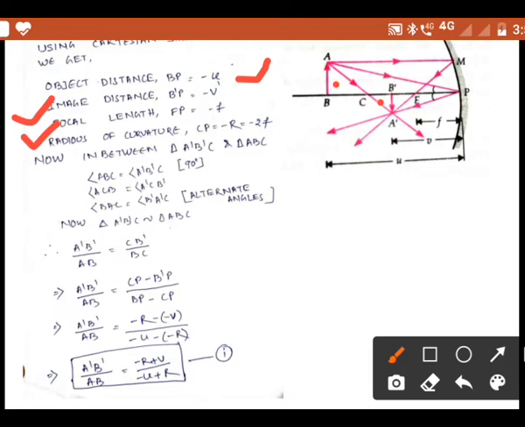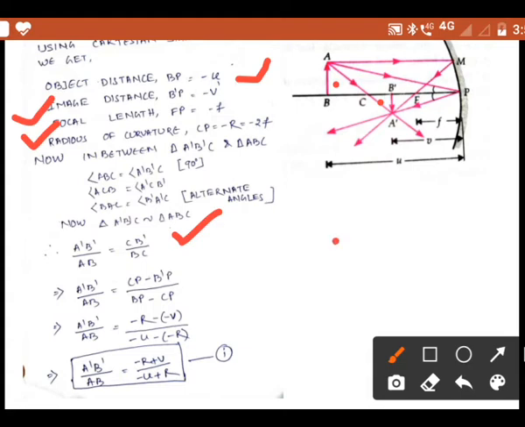Then A dash B dash by AB equal to CB dash by CB. Look, A dash B dash means the height of the image. AB means the height of the object, equal to CB dash by CB, look at the picture. CB dash means CP minus B dash P. Then CB means BP minus CP.